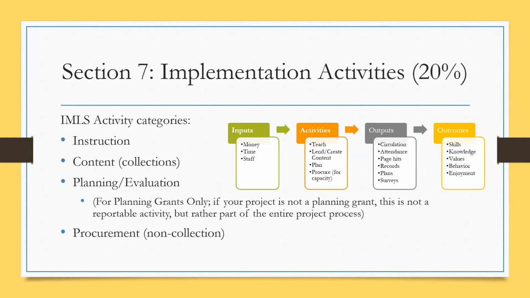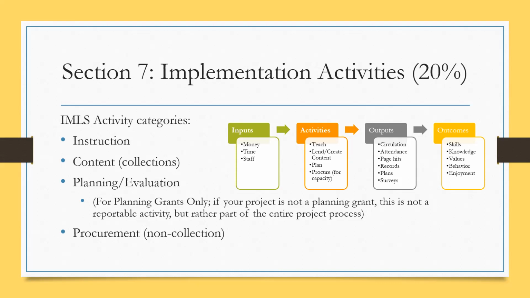Section 7 is what you're actually going to do in your project, and that's worth 20% of your score. Again, this is directly from IMLS. When they redid the LSTA program, I think in 2012, 2013, it took several years, consulted with a lot of state libraries, a lot of libraries, and determined that every LSTA project can be sorted out this way into either an instruction activity, content activities, planning activities, or procurement activities.